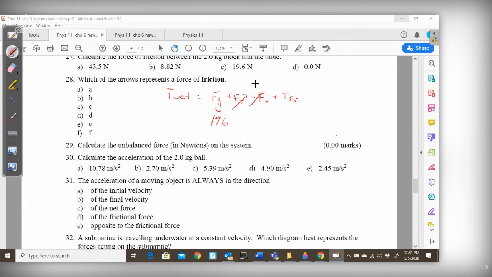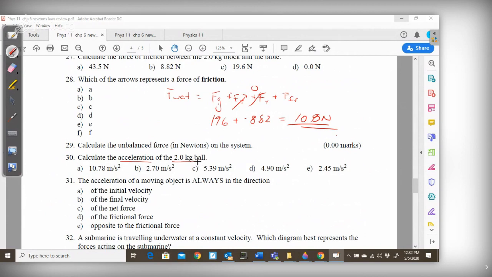These add up to give us 0. And then we'll have a negative 8.82, which is the force of friction. And that comes out to be 10.8 newtons.